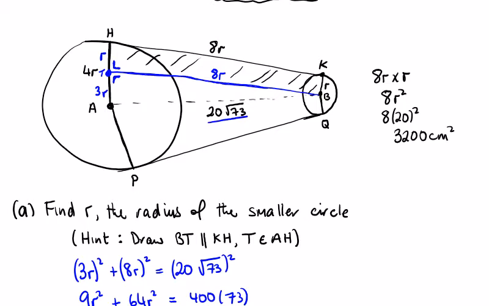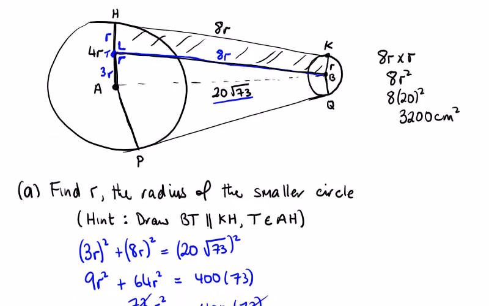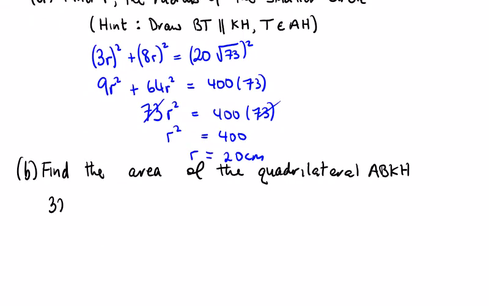And then we have the right angle triangle, and half the base by the height. We can take the height as 3r and the base is 8r, so I'll just bring that down. 3200 cm squared plus half the base by the height. We had 8r and 3r.